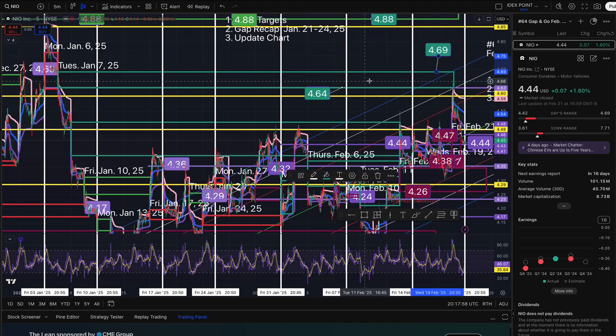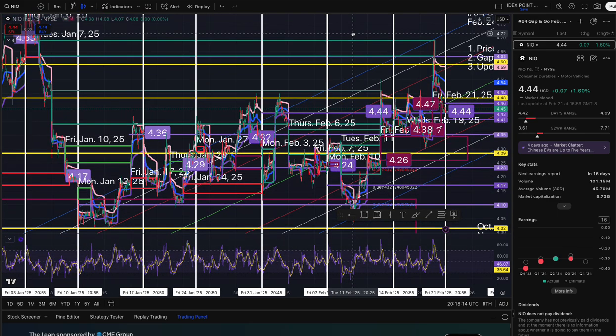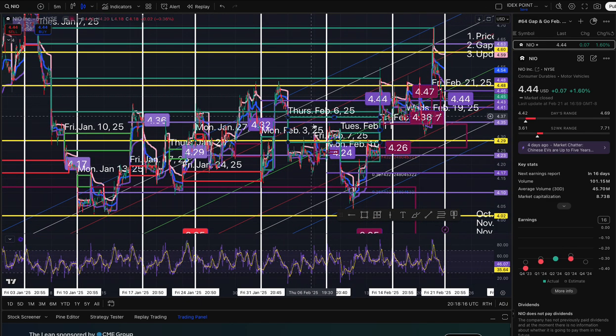So that is no longer in play at 469. So congrats if you went long off of that move, going short and then going long. 464 is where it started, so that is no longer in play as well.